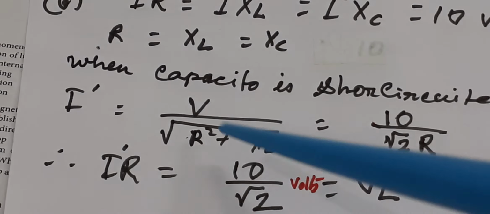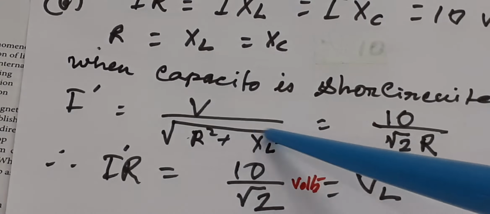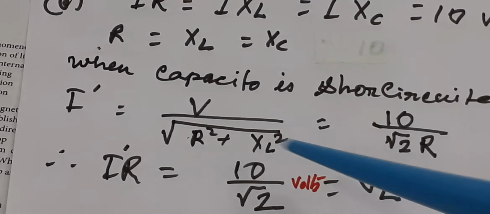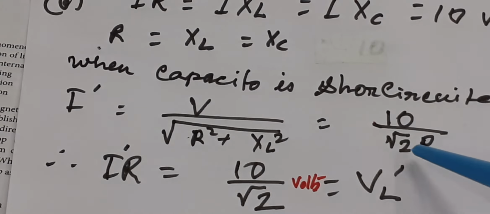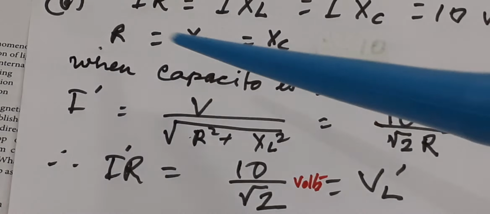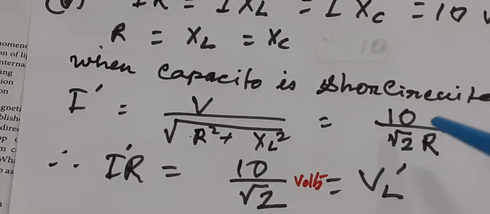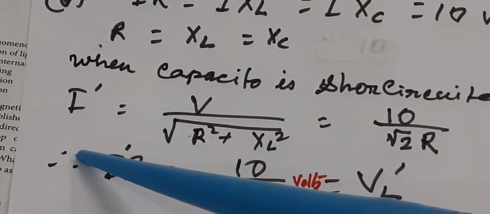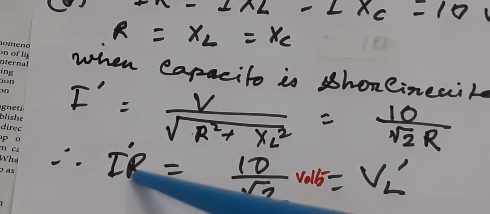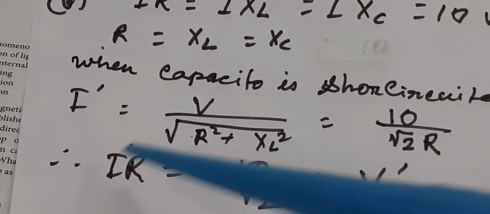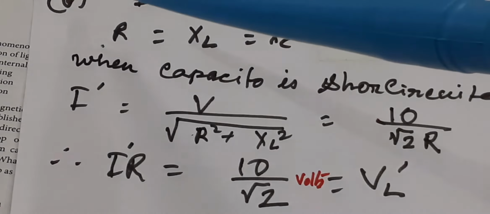XL can be replaced by R as the relation is available, so it is root under 2R square, and taking out R, it is root 2 R. The supply voltage is 10, so the current I dash after the capacitor is short circuited is 10 by root 2 R. Then I dash R is the potential drop across the resistor, and for the inductor also I dash XL, because R equals XL.